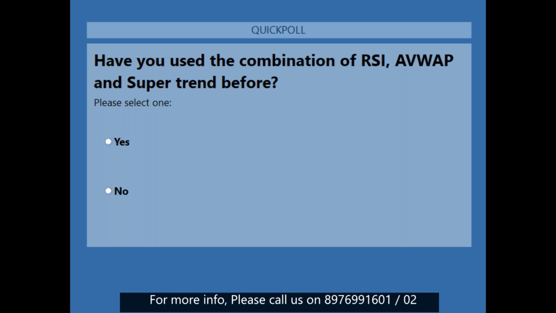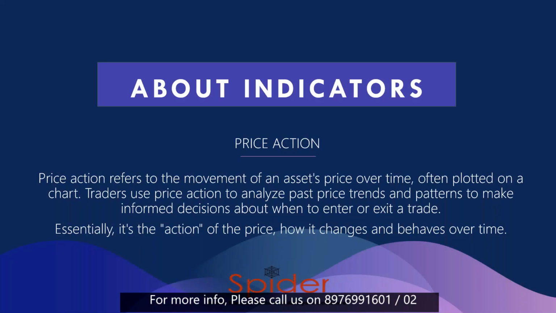Seeing whether the market is on the upside or downside, you can definitely rely on these sorts of indicators because it is understandable. We have gotten great results. Now I can see that 81% of the attendees have not used it, and 19% have used it.